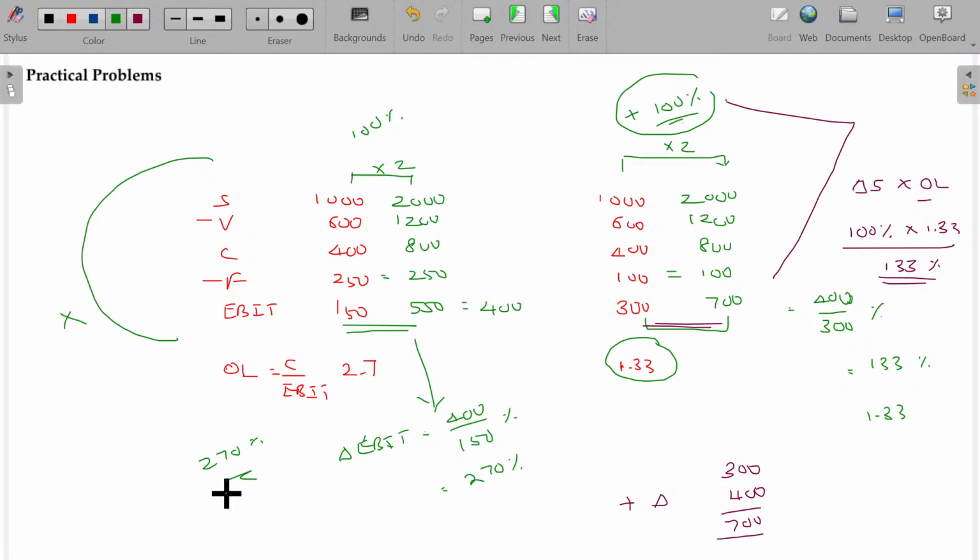Okay, I think this one also then it's not 2.7. 400 divided by 150. Yeah, this one is 2.6667. So then this will be 266.67 percentage.